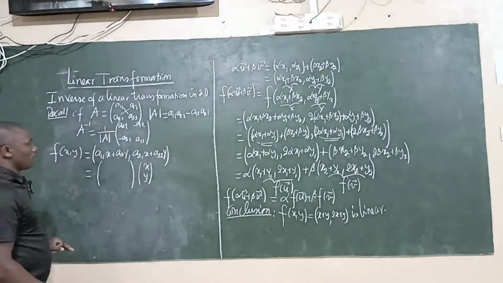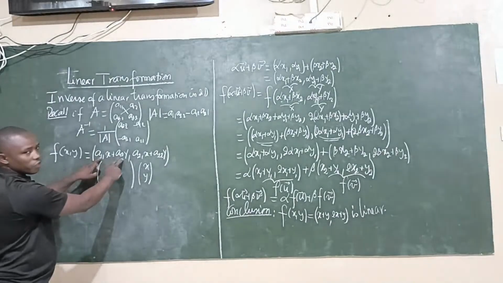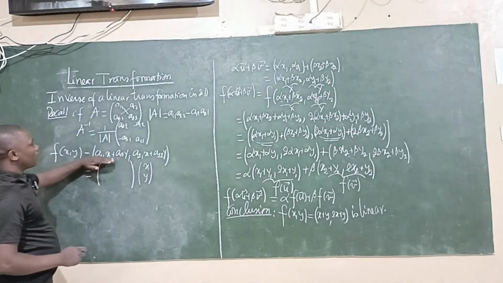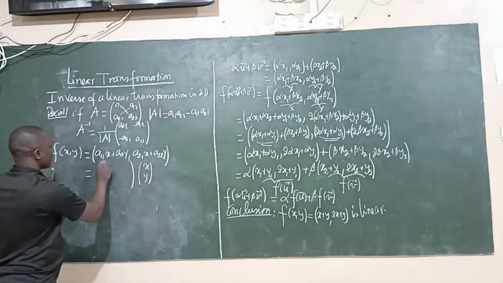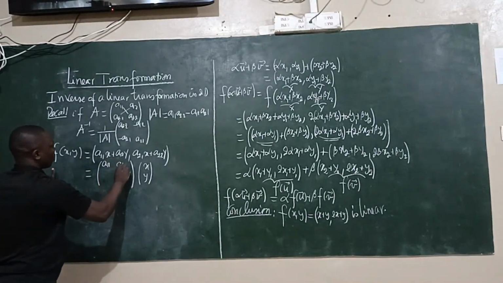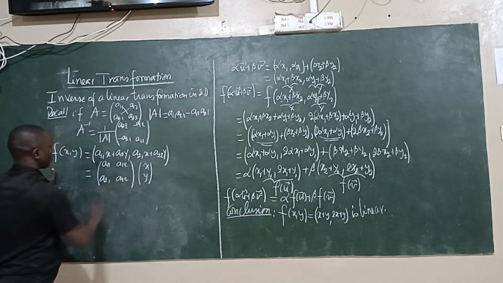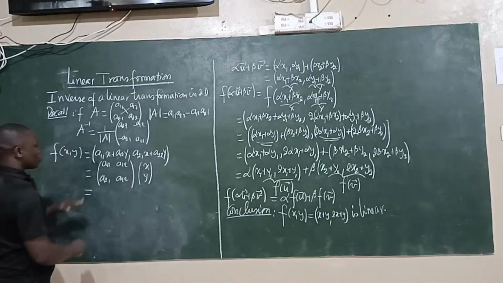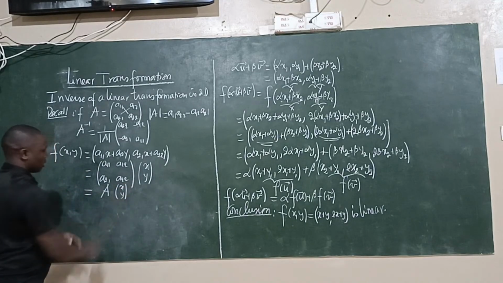Now, what's next is to consider only the coefficients. Here is a11, a12, and here a21, here a22. Now, we assume this to be A times xy.